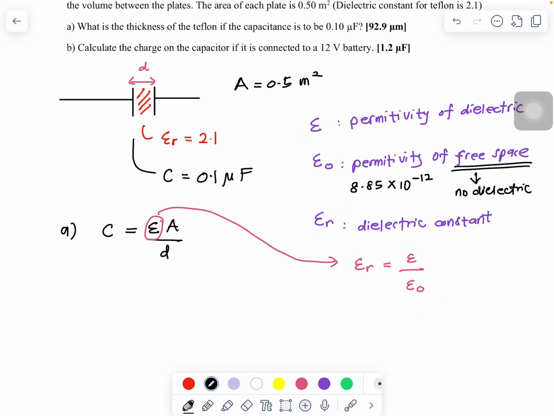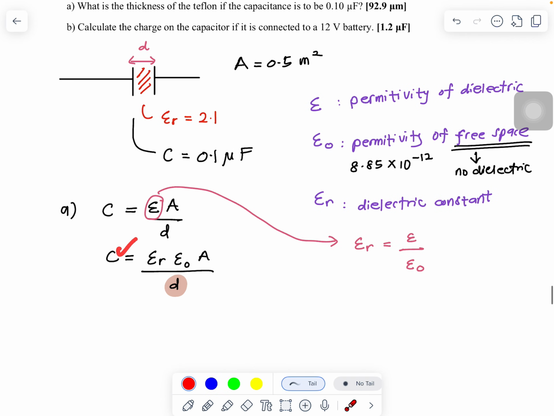So kita boleh modify lah kita punya formula ni, di mana masukkan sajalah value formula epsilon sama dengan epsilon r darab dengan epsilon naught, A divided by D. Okay, so value mau cari this one.